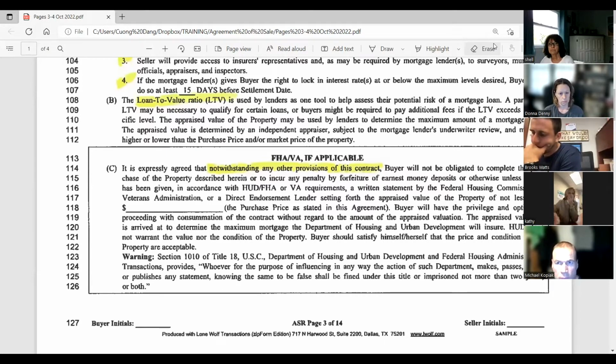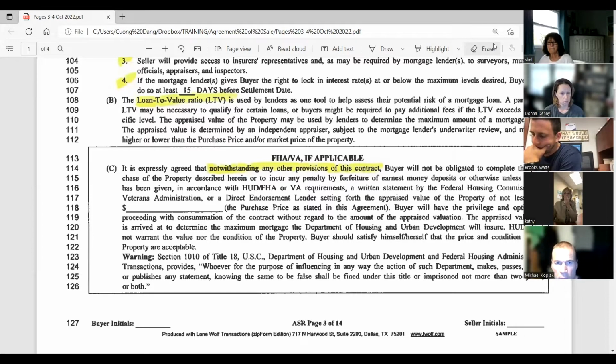They can back out of the deal and get their deposit money back, but if they choose to pay the difference, they certainly can. So again, that's why I have it highlighted: notwithstanding any other provisions of this contract.